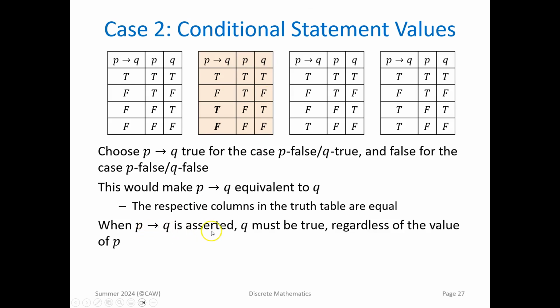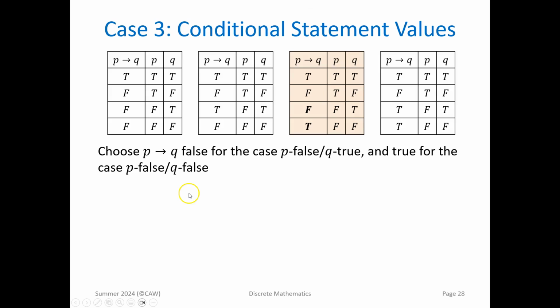So when P then Q is asserted, Q must be true regardless of the value of P. So when I assert P then Q, I've got to have Q true whether P is true or not, true or false. So I'm going to rule this out and say this violates the spirit of Rule 1, where we want to have some significance to P being true in this conditional, some significance to Q. And we would not have no significance in this case.